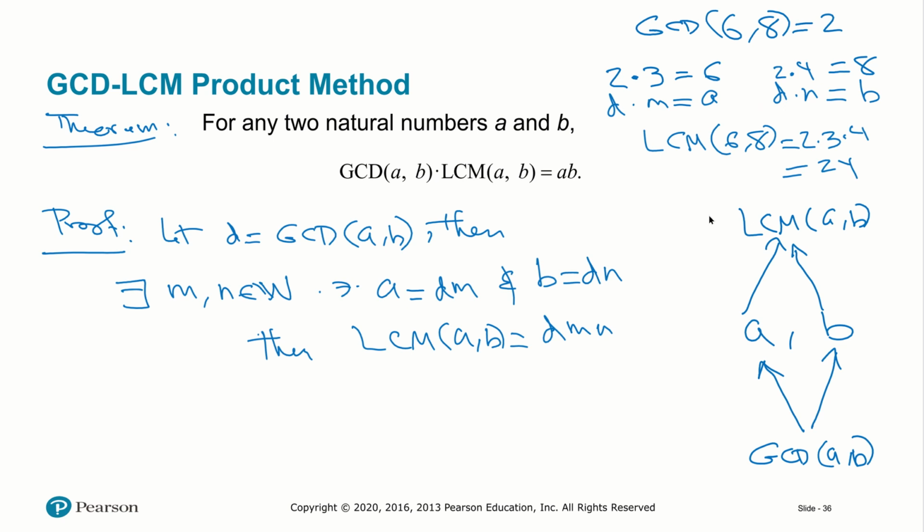So we've established what the GCD is. It's called D, right here. And now we know what the LCM is. Let's go ahead and multiply them because that's what we're trying to establish, a result about the product of the GCD and the LCM. So now we say, therefore, the GCD of A and B times the LCM of A and B is going to be D times the LCM, which is DMN.